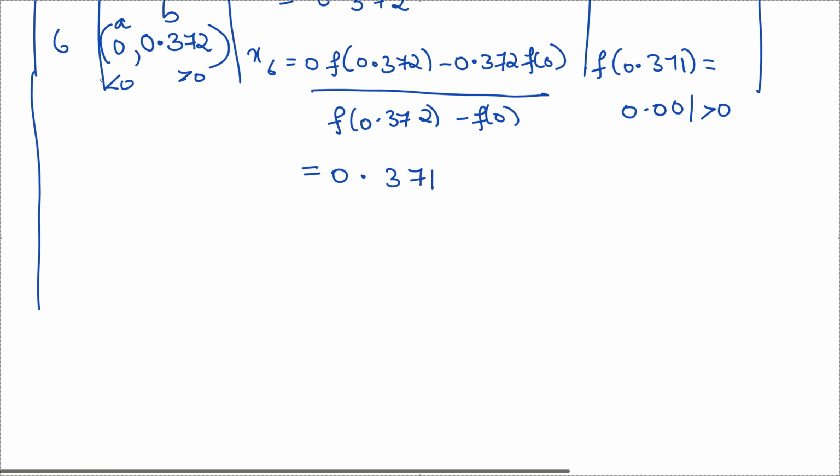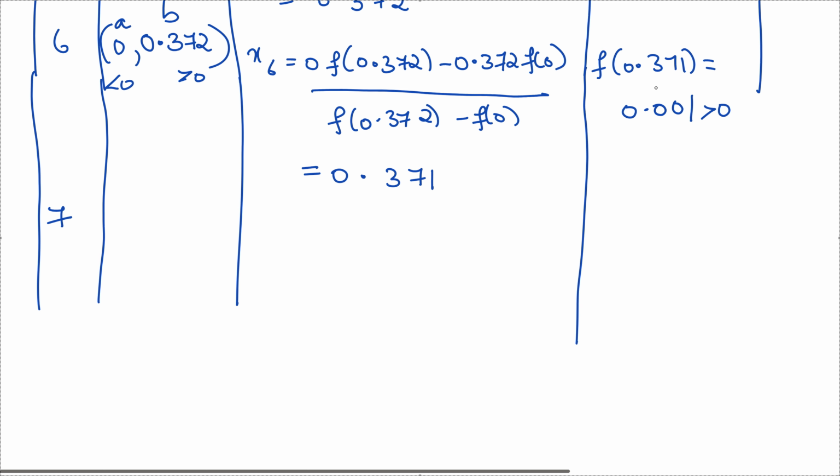Now in our next iteration, 7th iteration, since this is greater than 0, we are going to replace whatever was greater than 0 in our previous interval. So 0, 0.371. Okay, this is A, this is B, this was giving us less than 0, this was giving us greater than 0.